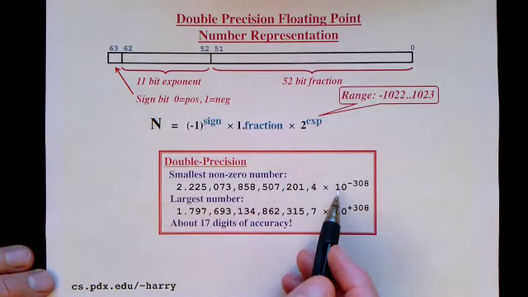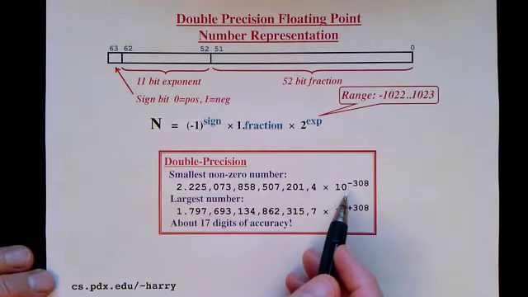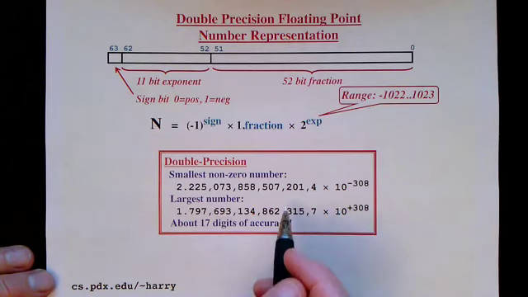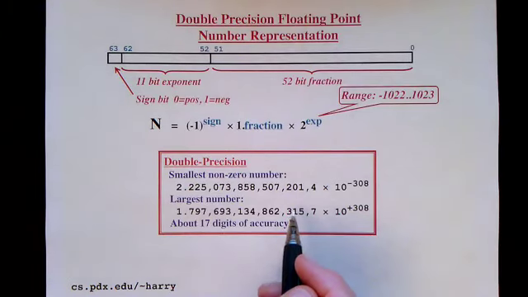We have the smallest non-zero number being 10 to the minus 308, and the largest number being 10 to the 308th power, with 17 digits of accuracy. So we've got a very large range here, and most numbers can be represented, well, I shouldn't say that.